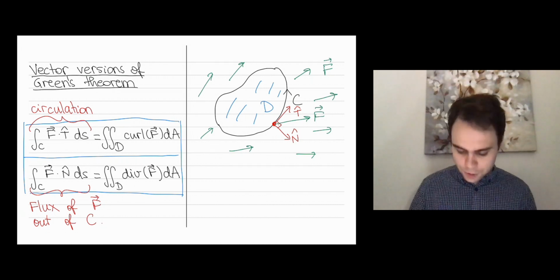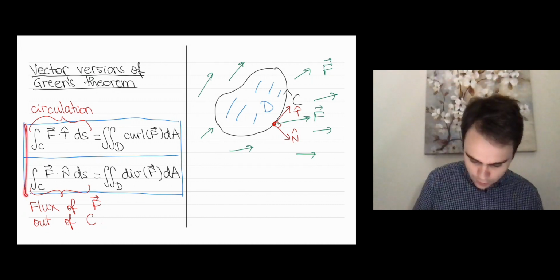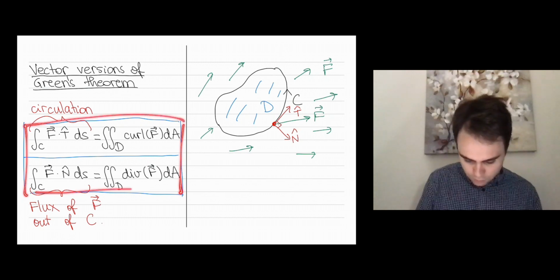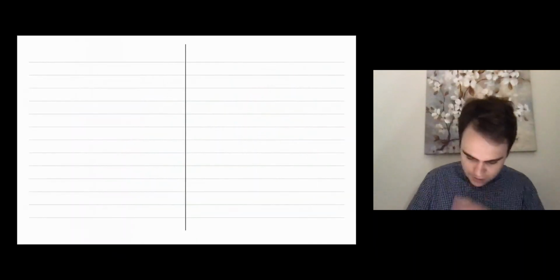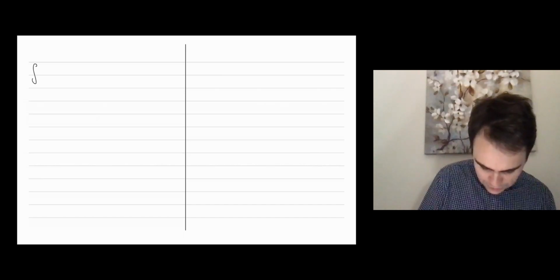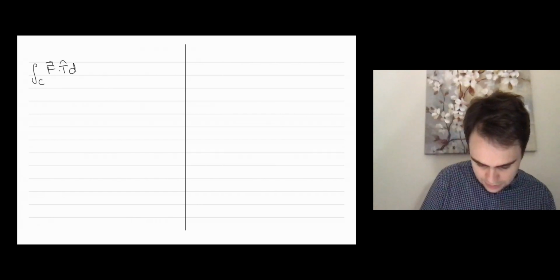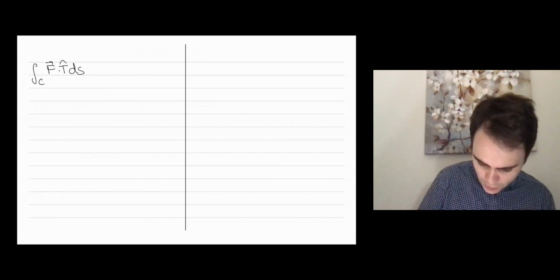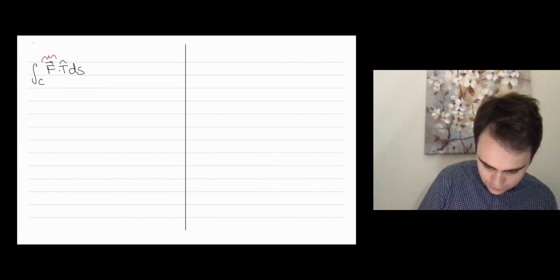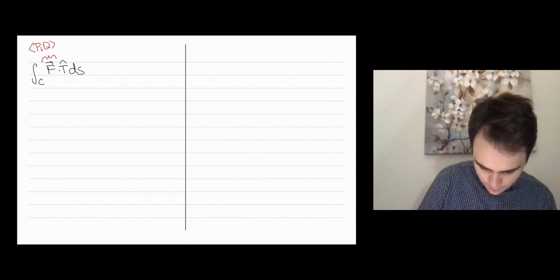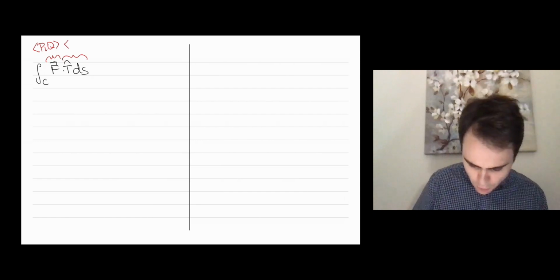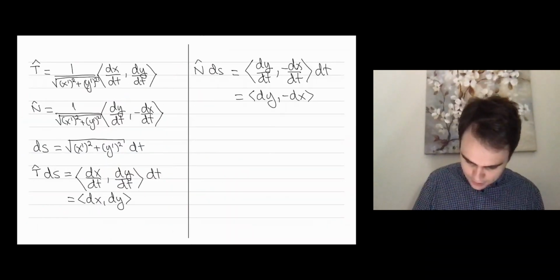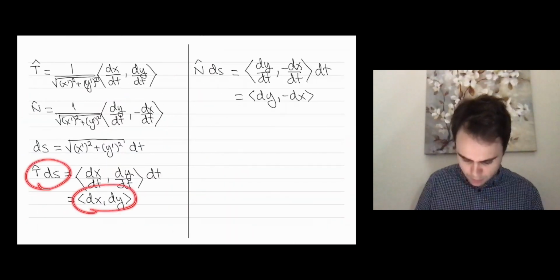So to conclude the lecture, let me show you how these two theorems are just the old theorem in fancy notation. So here's the first one. We're looking at the integral over C of F dot T ds. F, let's say, has components P and Q, and T times ds, as a moment ago, is just dx comma dy.